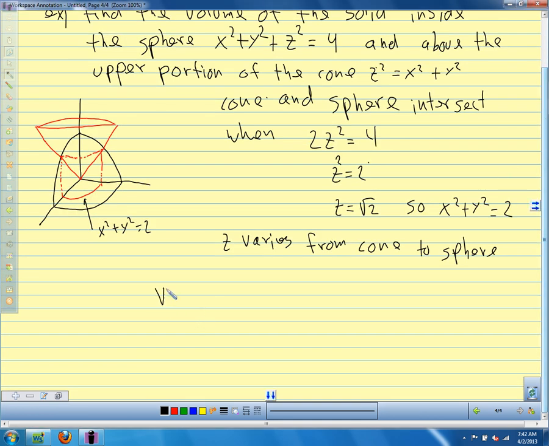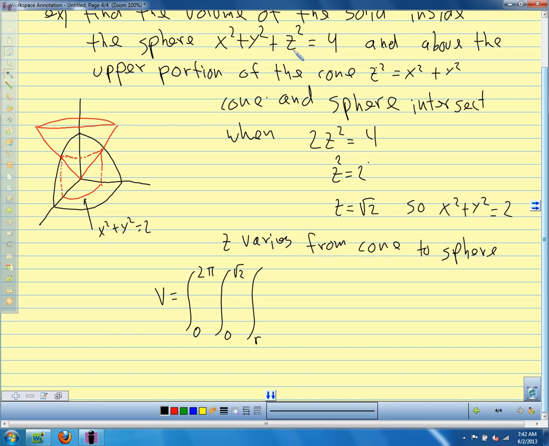So our volume is going to be the integral. Theta varies from what to what? 0 to 2 pi. We could do 0 to pi over 2 and multiply by 4. R varies from 0 to square root of 2. And z varies from the cone to the sphere. On the cone, z squared equals r squared, so z equals r.